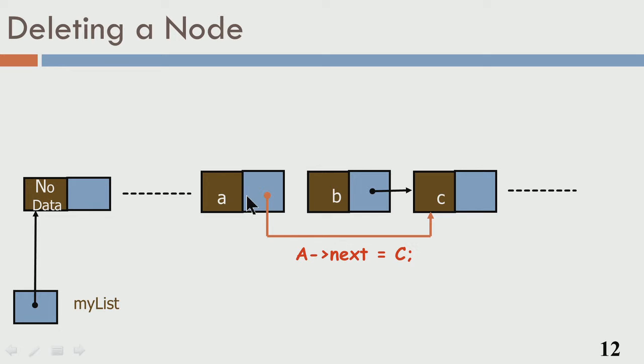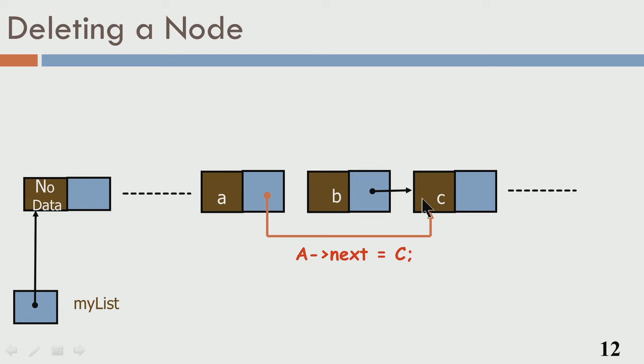So B's predecessor is A, and what I want to do is change A to point to C as the next element, right. So A's successor should now be C and not B. So what we want is A's next field, which is now pointing to B, to change to C.